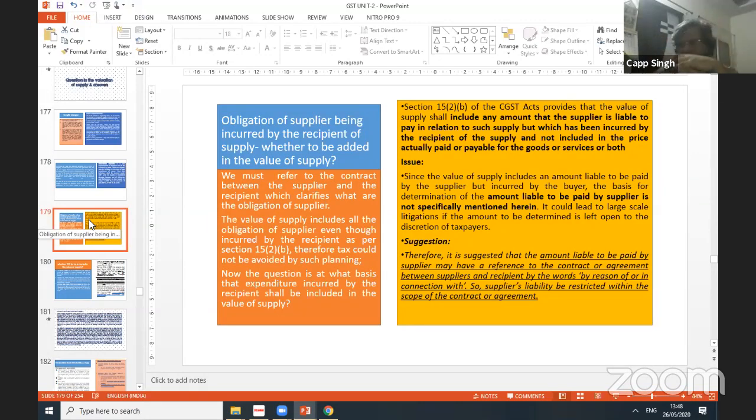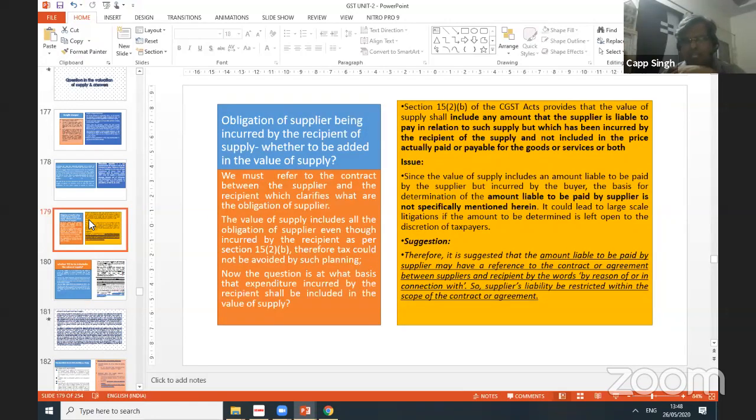Suppose I am a chartered accountant, I am providing a service of filing of income tax return, and I have deposited some tax on behalf of my client, and those taxes we are getting back from our client. Then on those taxes we do not have to pay any GST, because it is the amount to be reimbursed by my client, as a pure agent, because it is the obligation of the recipient to pay tax.